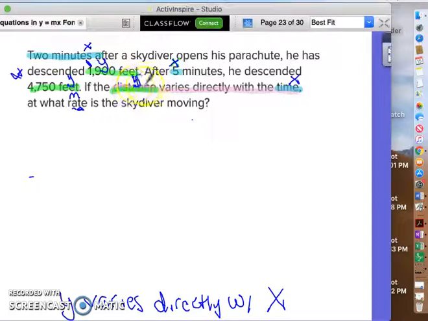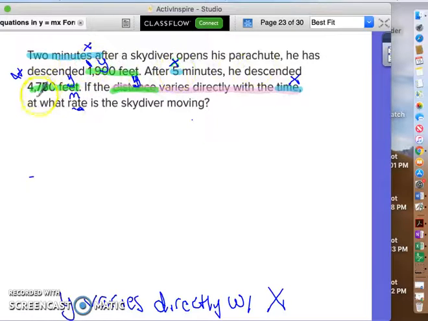So any of the y's, the distance, I highlighted in green, and the time I highlighted in blue. I can choose either one, but here, 2 minutes after a skydiver opens his parachute, he has descended 1,900 feet. Those two numbers go together.